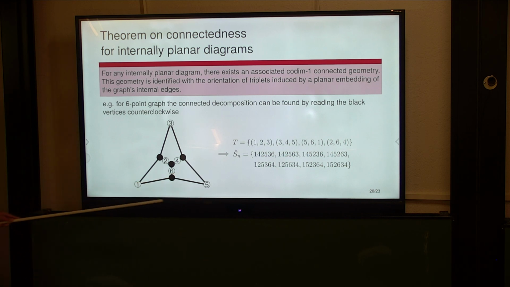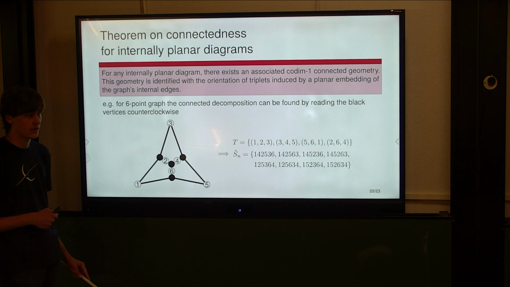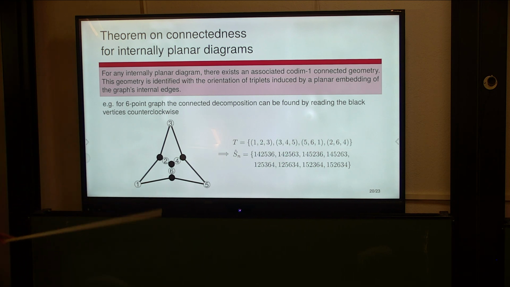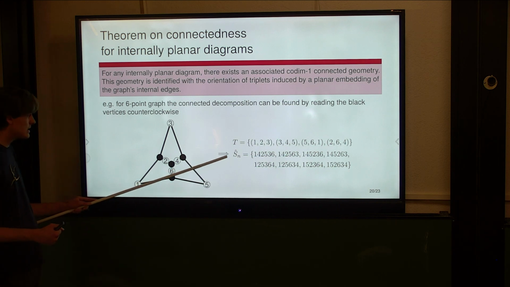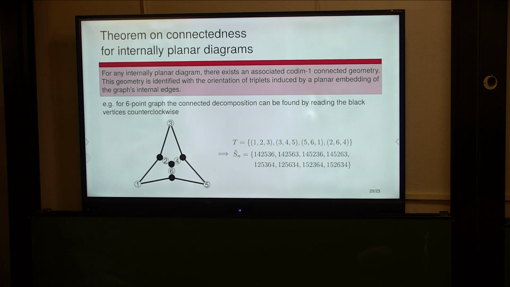So if we have this 6-point example that we had before, if you embed it in a plane like so, you can choose the orientations of the triplets to match the planar embedding. So you go counterclockwise around each triplet. This defines an orientation for you. And these resulting extensions will have this connected property where you can swap adjacent indices. And so somehow this notion of the diagram being spherical is related to the moves, and it connects to these ideas in the geometry.